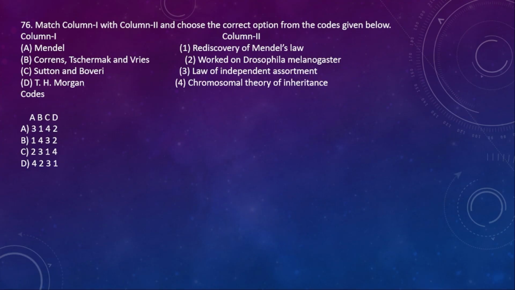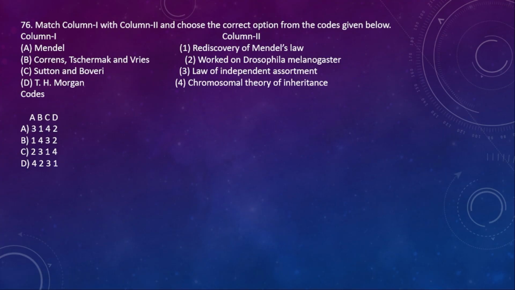76. Match column 1 with column 2 and choose the right option. Here again same dialogue. If you know any one, you can get the right option. Mendel is for law of independent assortment, whereas Correns, Tschermak, and Reis are for rediscovery of Mendel's law.